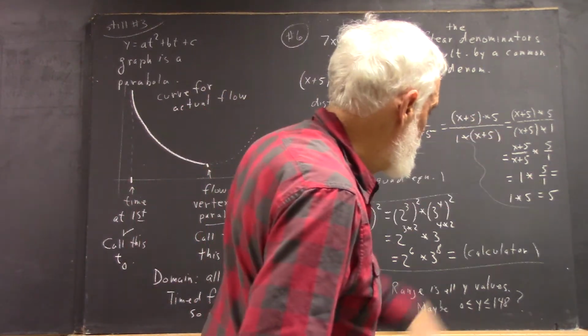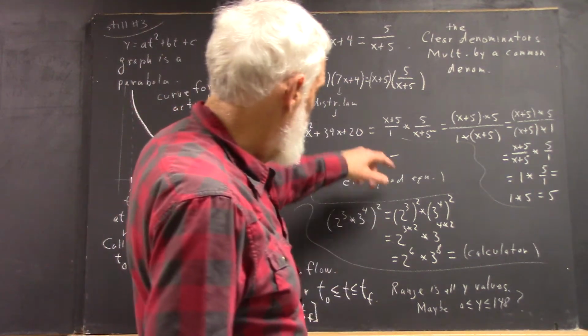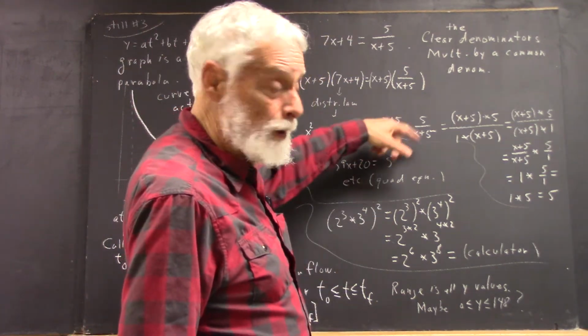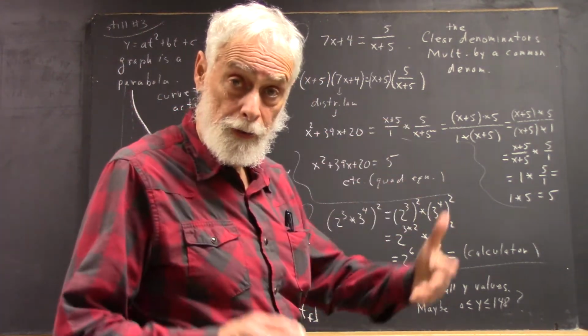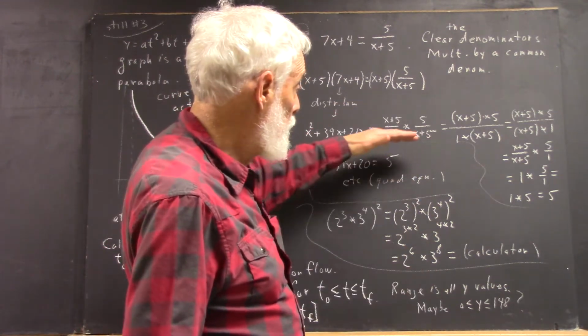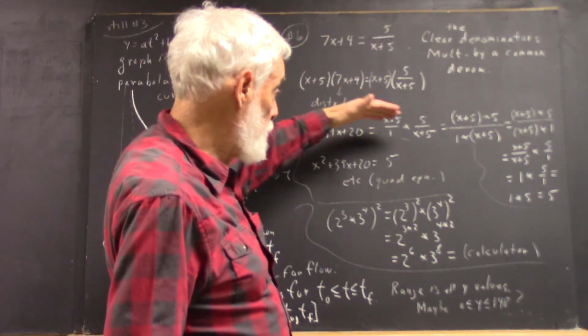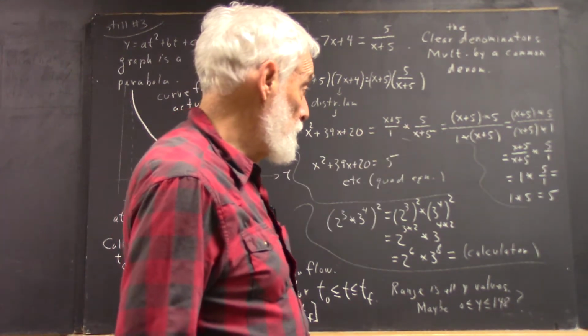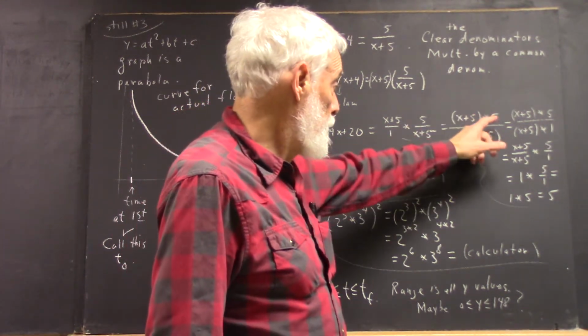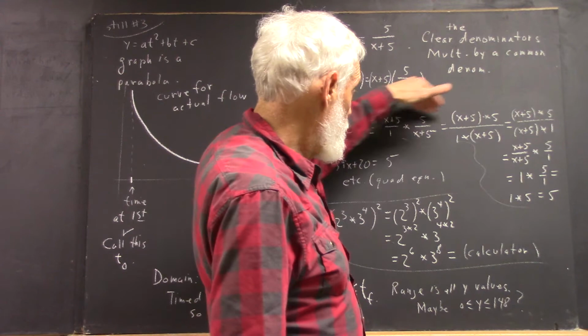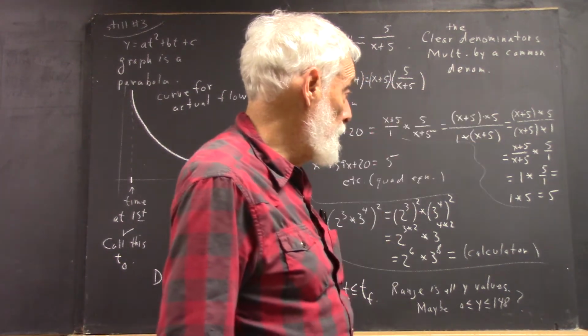I worked this out in some detail. That's the same as x plus 5 over 1 times 5 over x plus 5, just so you can see clearly that we have a numerator and a denominator in each fraction, so we can multiply numerators and multiply denominators, and clearly we get this, the product of the numerators over the product of the denominators.